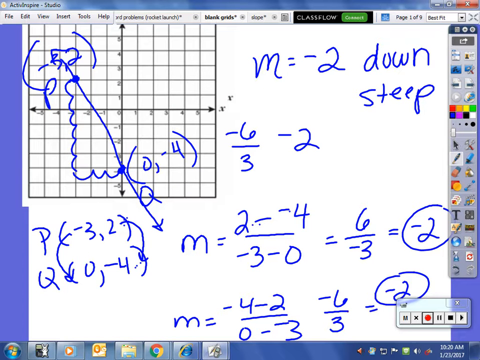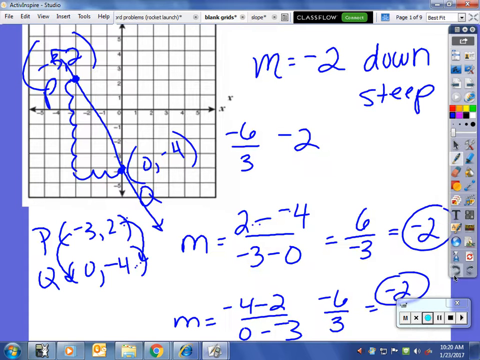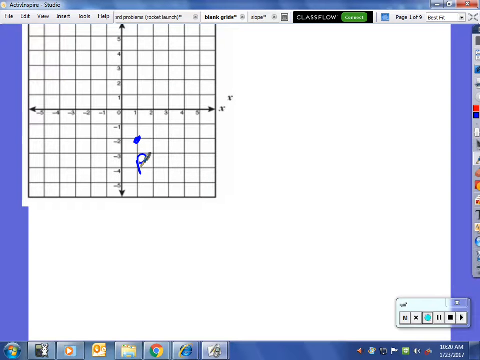Okay, let's try another one. Okay, let's see. Here's point P. It is at 1, -2. Point Q is at 4, 1.